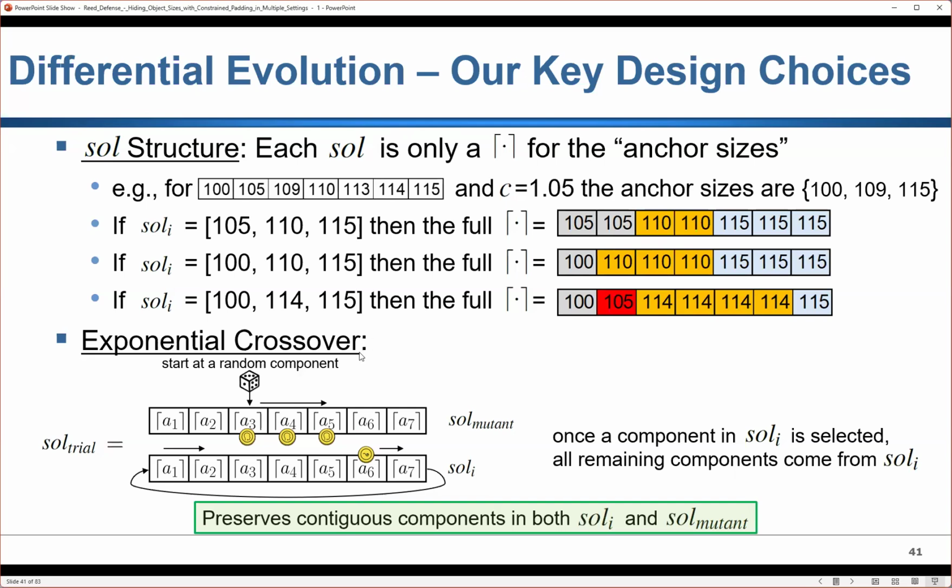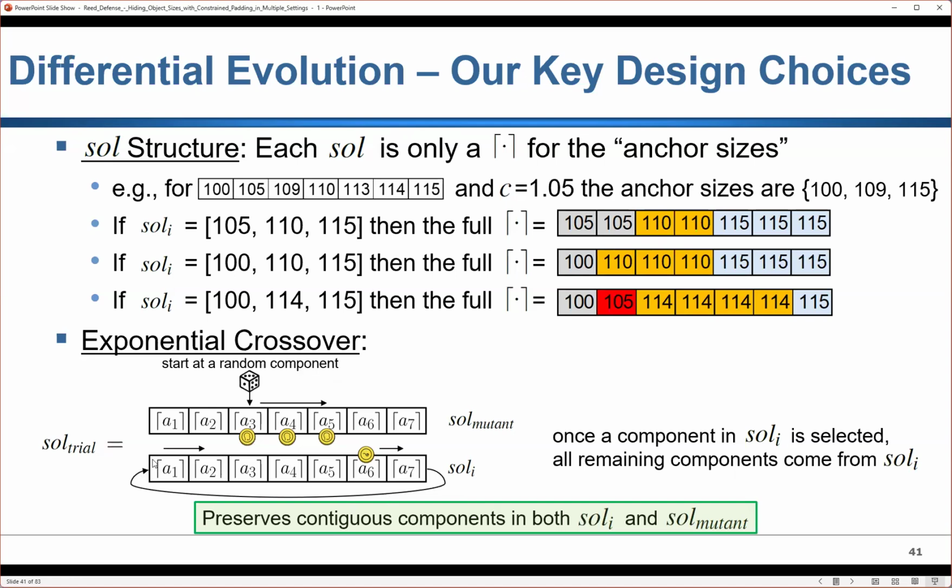So there's a second way to run differential evolution called exponential crossover, where you do still flip a coin for each of the components, with the caveat, once you flip a tails, so to speak, you then stop flipping the coin and you take all of the remaining solutions or components from this ith solution.